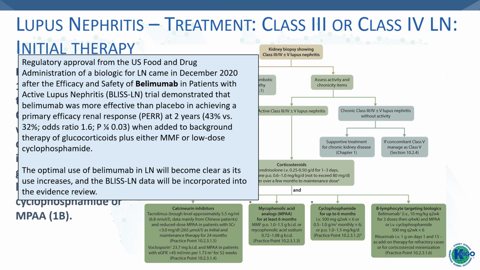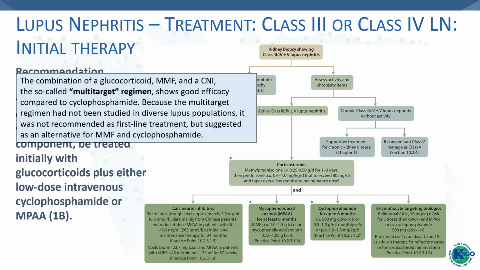Regarding belimumab, the optimal use of belimumab in lupus nephritis will become clear as its use increases, as it was tried in multiple studies, and it gave a very good effect in comparison to placebo.